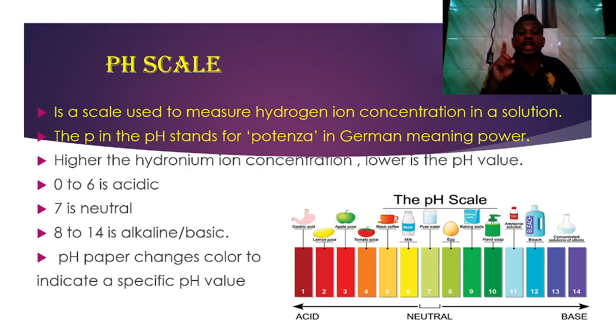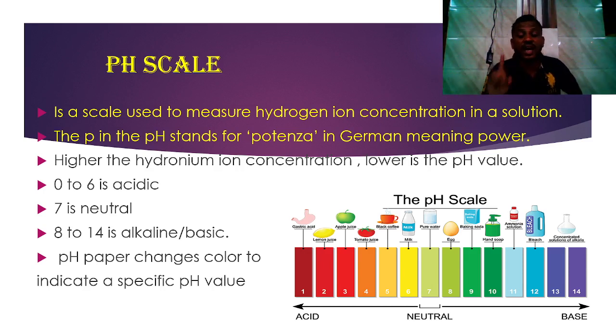7 is neutral, not a base nor an acid. That is pure water. The next range, 8 to 14, is alkaline or basic: 8, 9, 10, 11, 12, 13, 14.